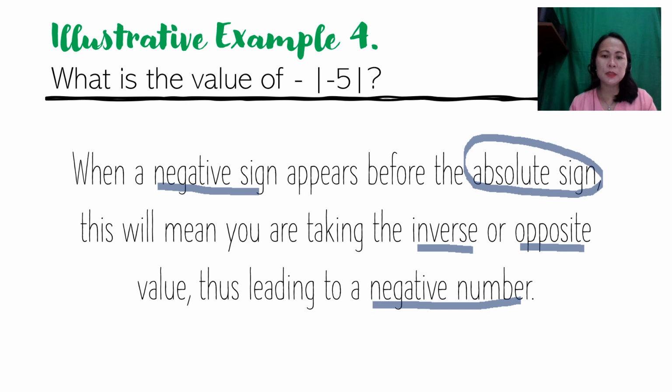So, the absolute value of negative 5 is 5, and the negative sign appears before the absolute value sign, so this means you are taking the inverse or opposite value. So, the opposite of 5 is negative 5. Thus, the value of the negative of the absolute value of negative 5 is negative 5.